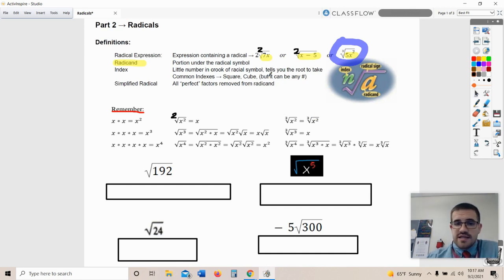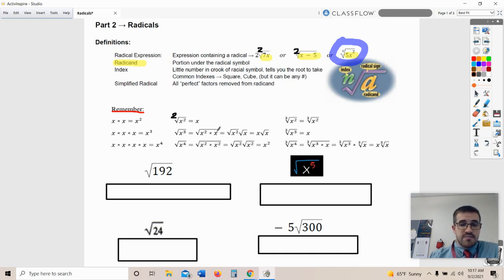So if you actually look at this, well, let's look at the square root first. So down here on the next line, we have x times x times x equals x cubed. So if we want to know what is the square root of x cubed, using the property of radicals, we know that x squared times x equals x cubed.